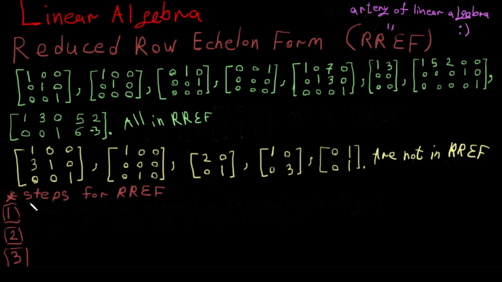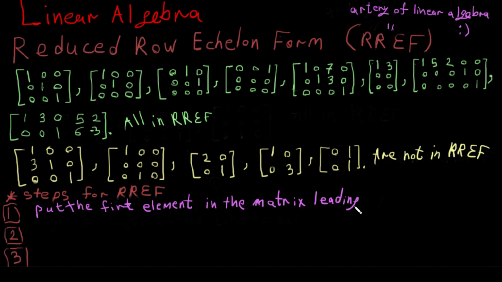The first step: put the first element in the matrix, the leading one, equal to 1. So the leading entry here is 1.